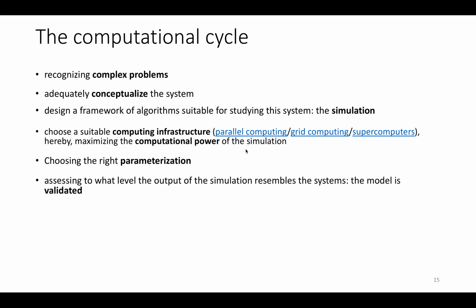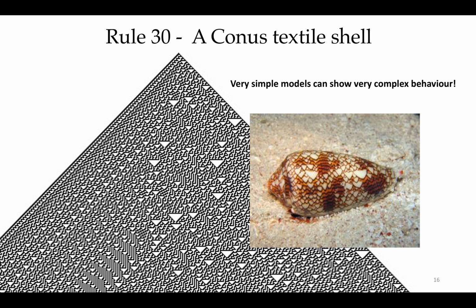And then we constructed our model, conceptualized it, have the simulation, have it running on supercomputers maybe, or just your laptop. We chose nice parameters. But now we want to validate the model. We want to see if it actually is relevant and behaves properly. And if it doesn't, we want to look at our conceptualization again and repeat this part of the cycle in an iterative way.